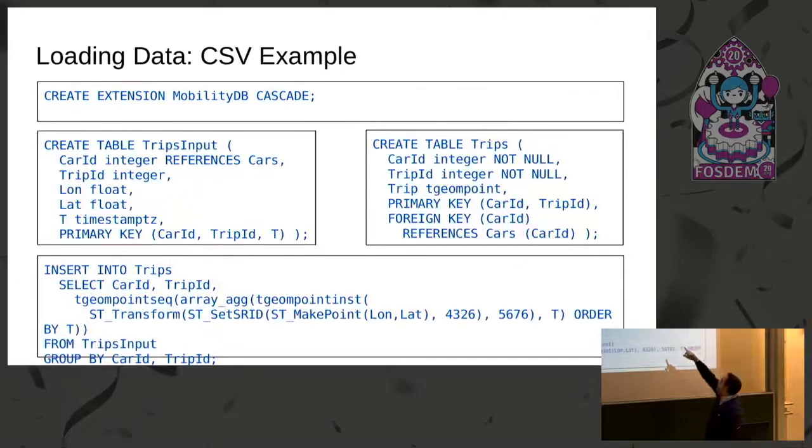Here you see one column called trip, which is a tgeompoint. This is the one that's going to carry the complete trip, so every row in this table will represent a trip.